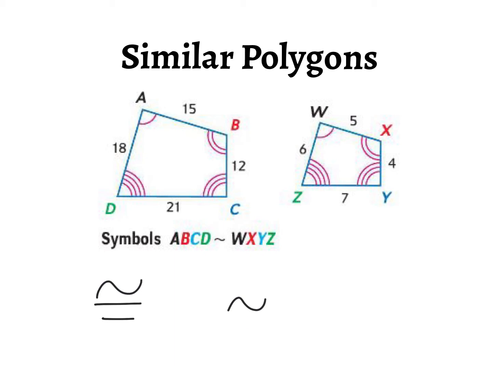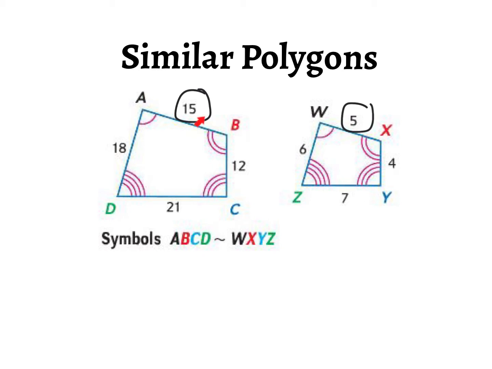So let's talk about what makes these two things proportional and what these symbols are about. When two polygons are similar, what it means is that the corresponding sides are proportional. This side corresponds with this side because we're going from one arch to two arches.